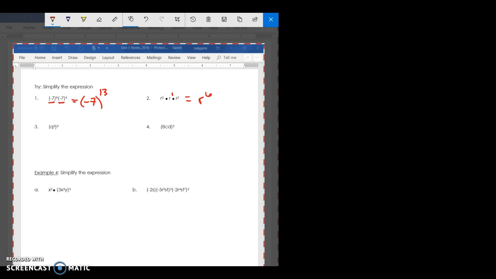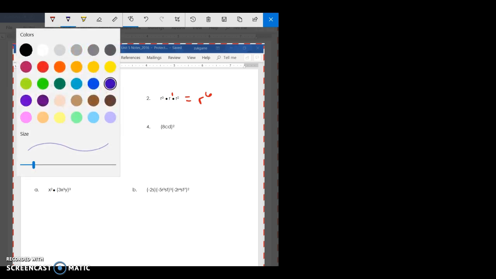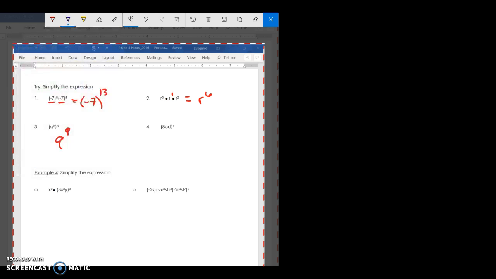Now here in number 3, I have an exponent raised to an exponent. So 3 times 3 is 9. So I'm going to have q to the 9th power. Ooh, that's bad. Let's try that again. Q to the 9th. And then this last one, again, I'm going to take my 2 and distribute that to every piece.